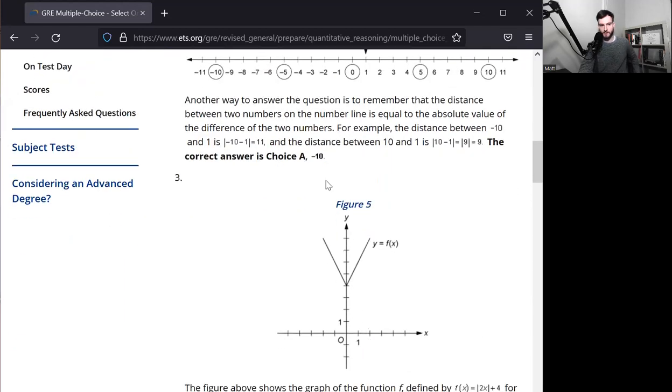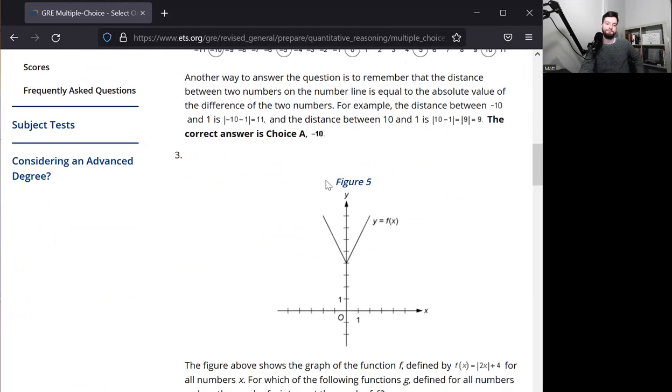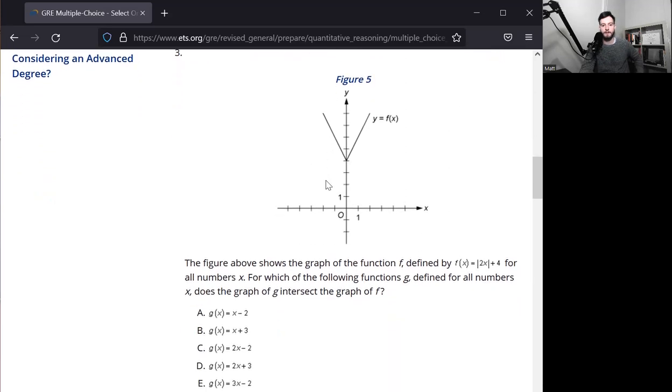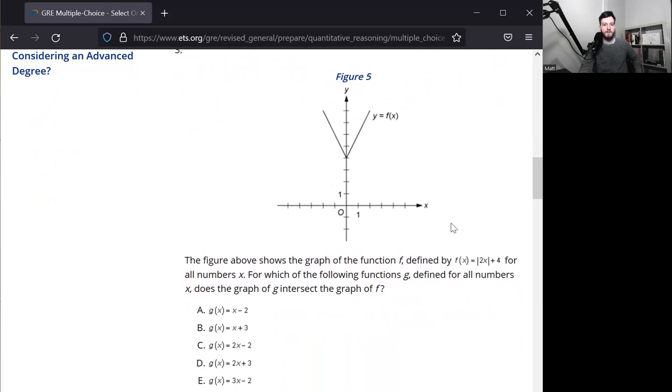This next one is a little bit hard. It says there's a figure. Looks like this. The f of x equals the absolute value of 2x plus 4. First of all, this is a line. Basically, they draw out this equation for you, so that's nice of them.